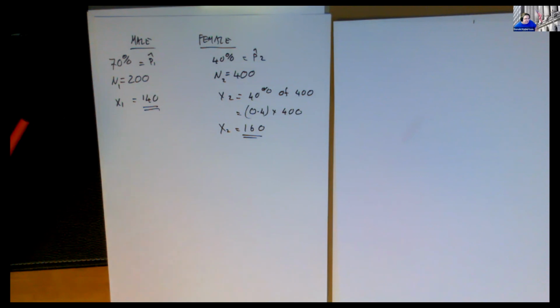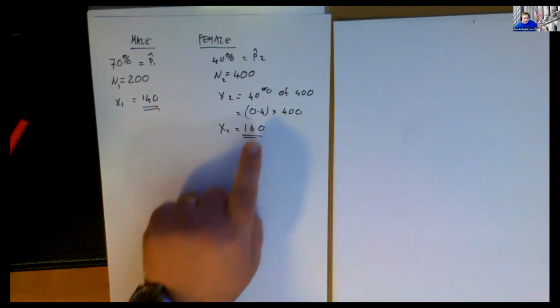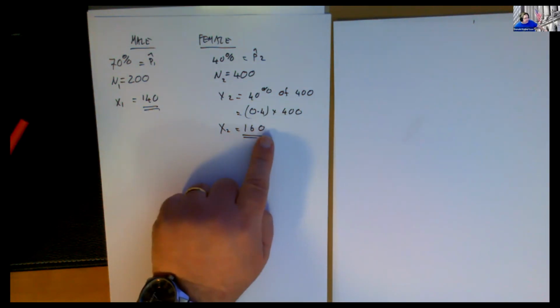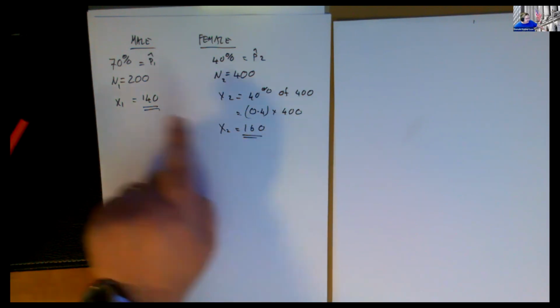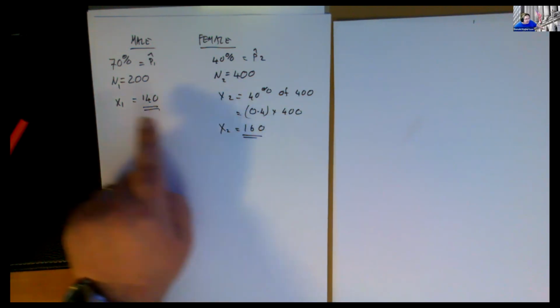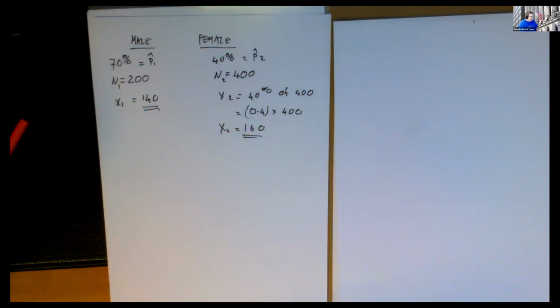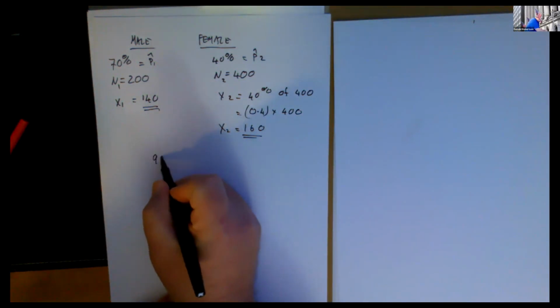And so that has to be taken into account, right? If the samples are different sizes, the number of people who like sci-fi is just naturally going to be bigger there because there are twice as many people, right? Even if there was no significant difference.